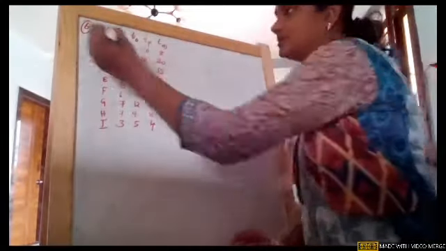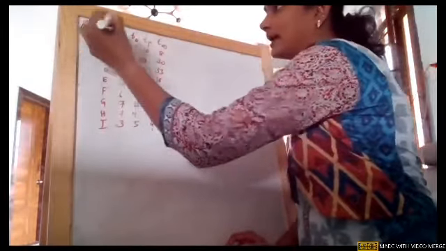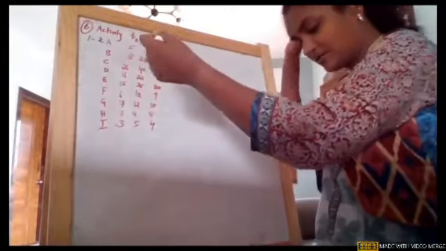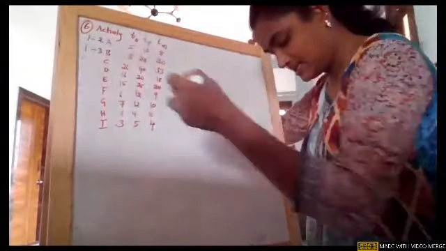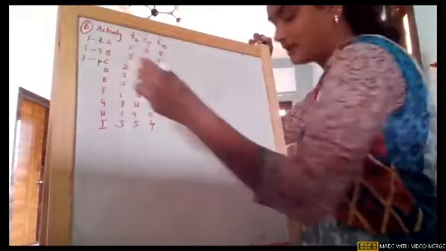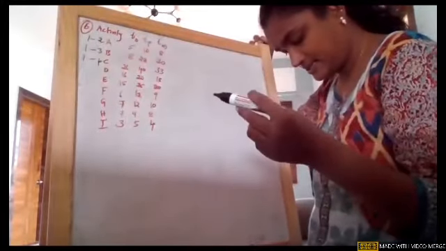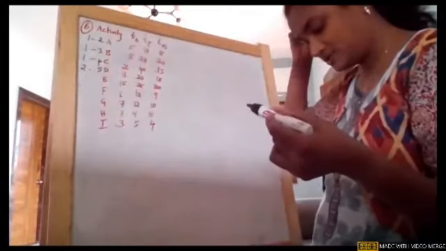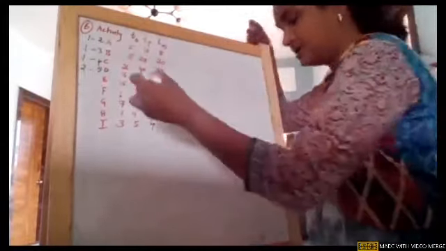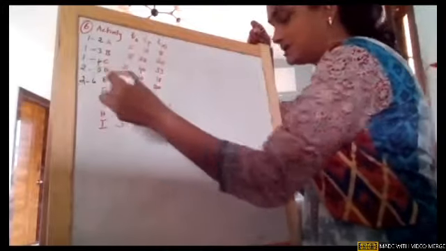A is 1 to 2. I missed this out while writing the question. B is 1 to 3. And C is 1 to 4. And D is 2 to 5. And E is 2 to 6.